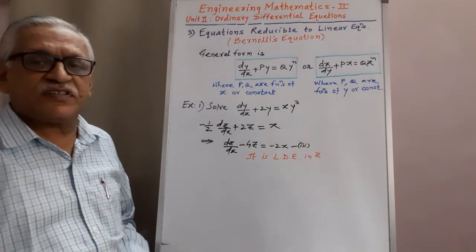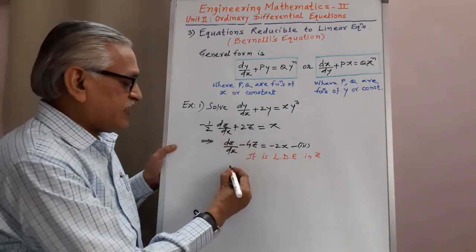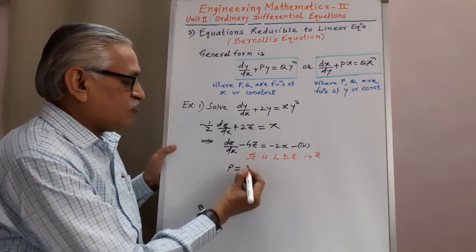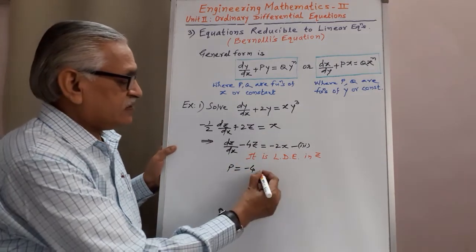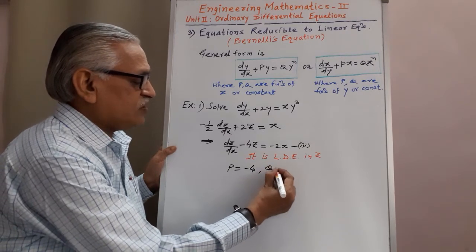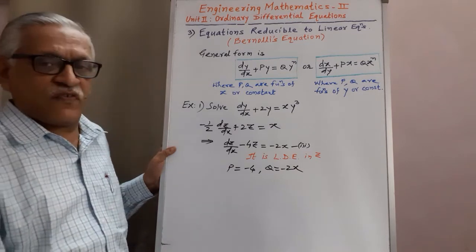Comparing with that general form, we get the value of P, the coefficient of the dependent variable, here it is minus 4, constant, and the value on the right hand side, capital Q, as minus 2x, a function of x.